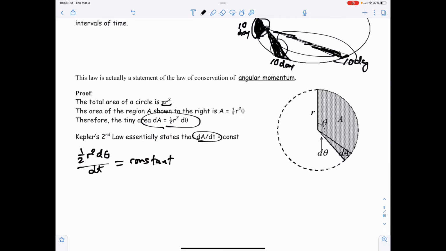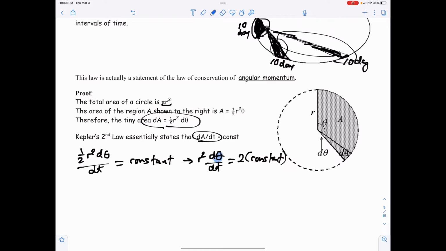Well, let's do something about this. The first thing I'm going to do is multiply both sides by 2, just moving the half to the other side. And we have r squared, and then I'm going to rearrange our values here: d theta/dt equals 2 times whatever your constant is.